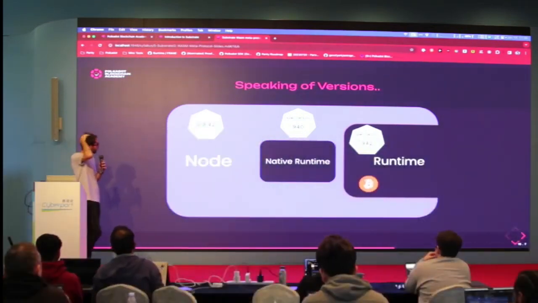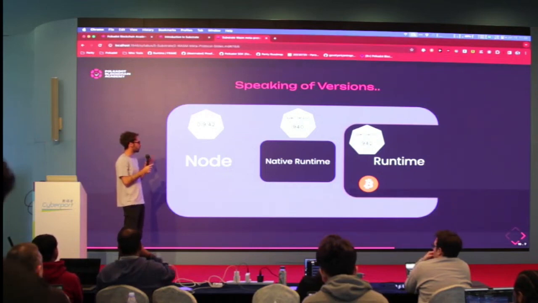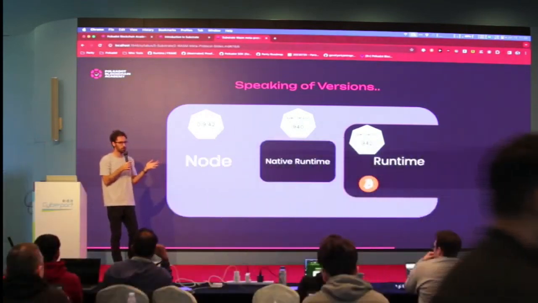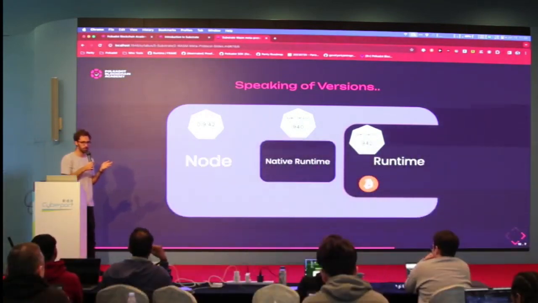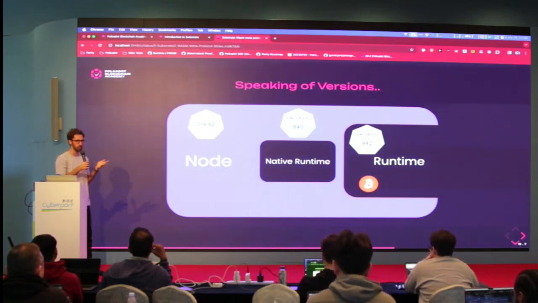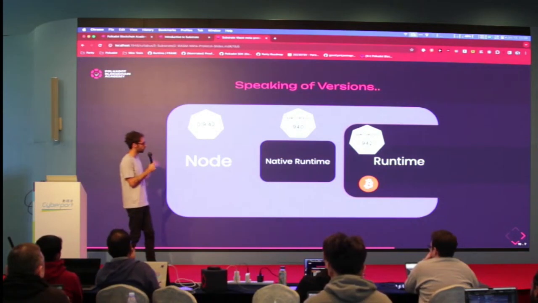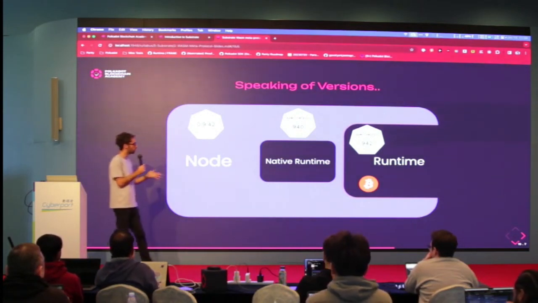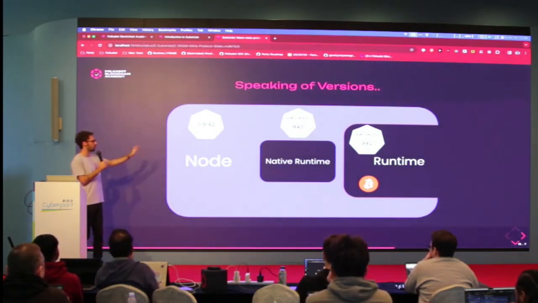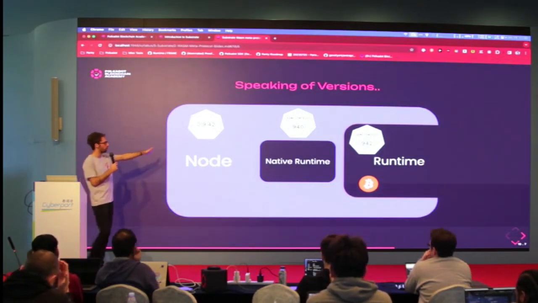Okay, so we already covered this as well. There are three different versions in this equation that I need to know. The node version, which is just a software version and doesn't play a big role in any case.